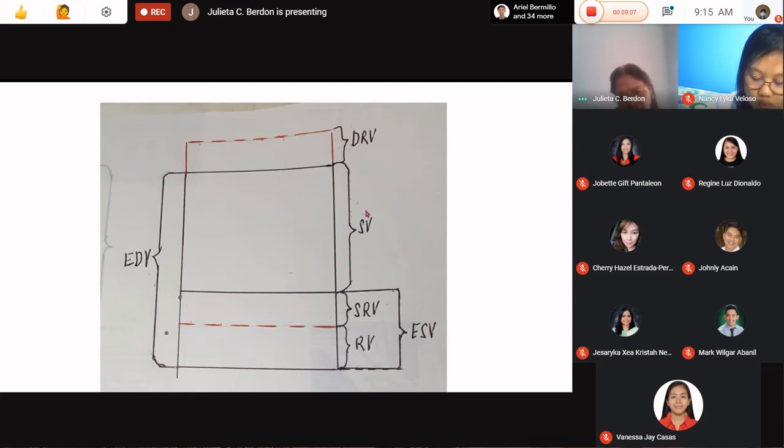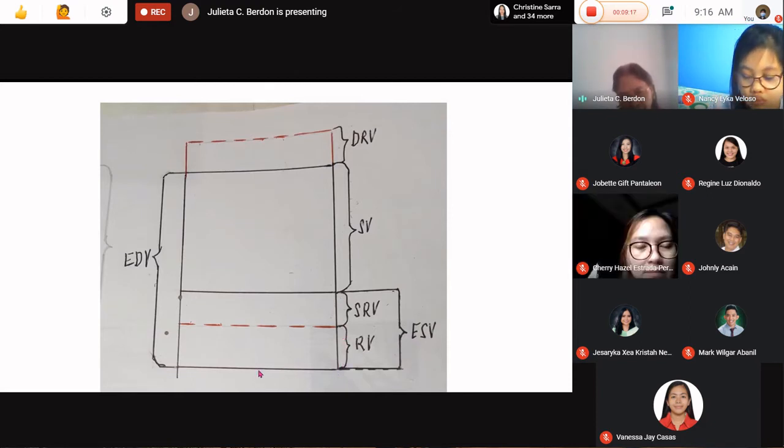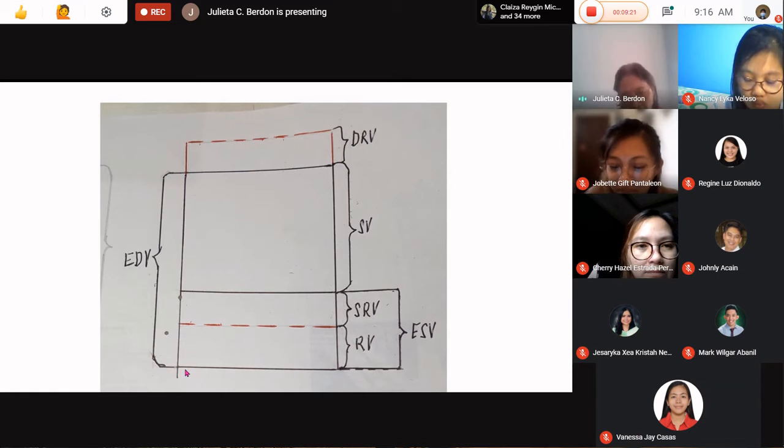That is now out of the ventricle, and what will be left behind will be your end systolic volume.